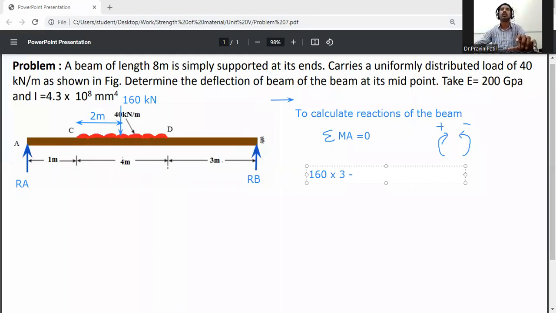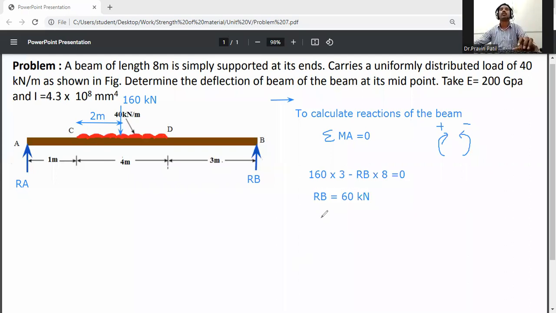RB rotates anti-clockwise, so RB into the perpendicular distance, 3 plus 4 is 7, 7 plus 1 is 8, is equal to 0. From this relation we get RB, the reaction at B, equal to 160 into 3 divided by 8, so it will be 60 kilonewton.